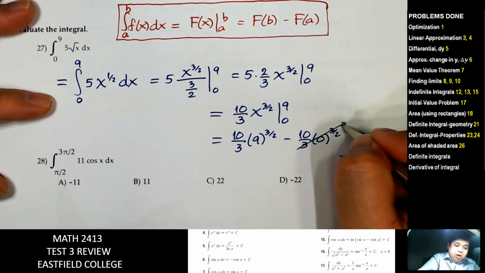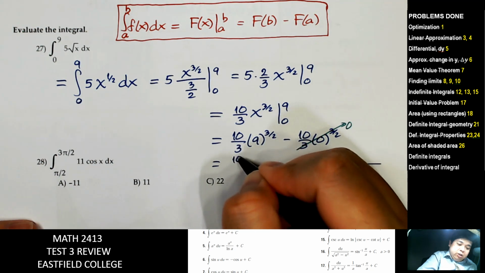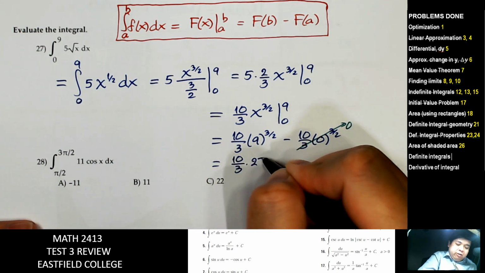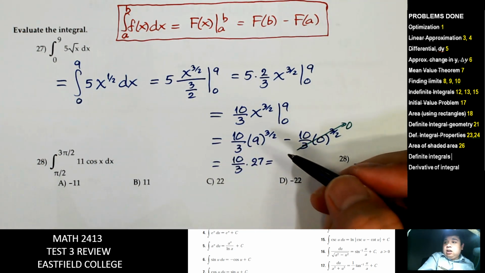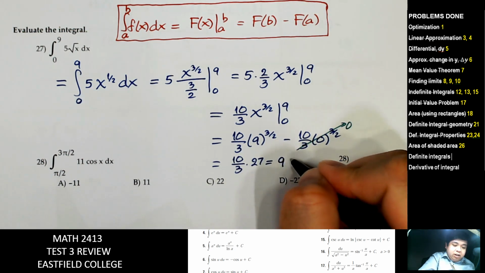And because that is 0, because 0 raised to any power is 0. 9 to the 3/2, that is 27. So 10/3 times 27, that gives us 9 times 10, 90.